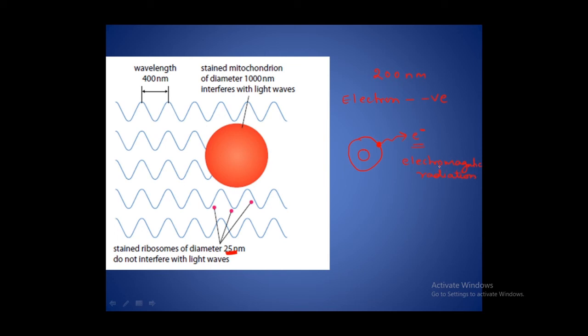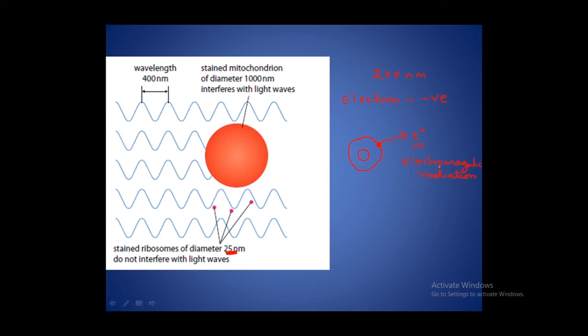Now, why are these electrons which are acting as electromagnetic radiation very successfully used in order to observe specimens? Because, as I told you, they are negatively charged. They can easily be focused using electromagnets. If you remember the light microscope, we use a lens in order to focus the light onto our sample, and we use objective lenses and eyepiece lenses.